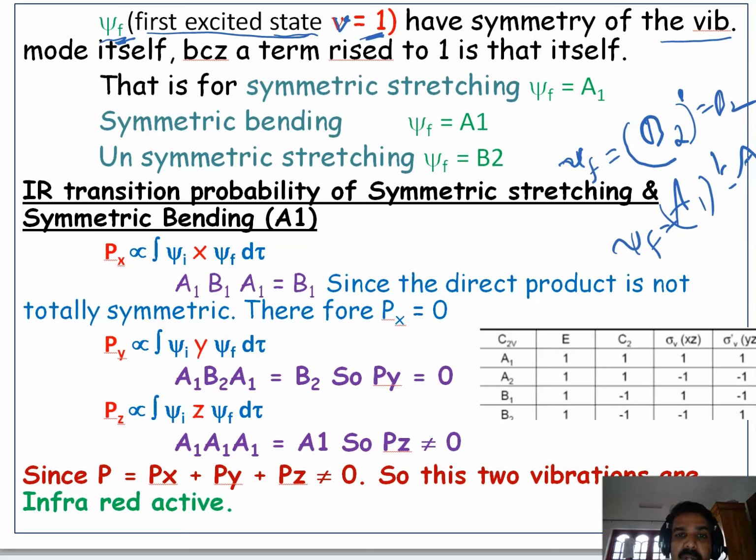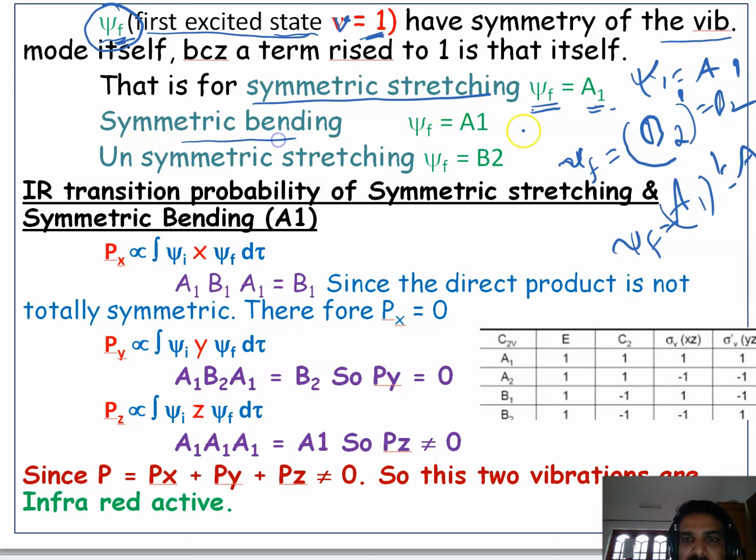So the symmetry of the final level, that is the excited level, v equal to 1, is the symmetry of the mode itself. For example, for symmetric stretching, psi f is equal to A1, because the symmetric stretching mode is an A1 mode. Psi I in this case is also A1.